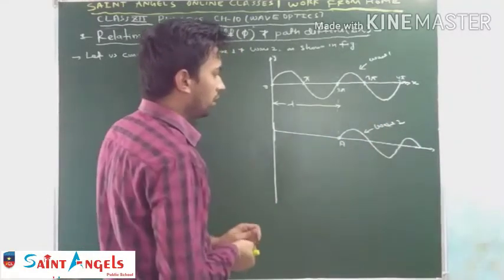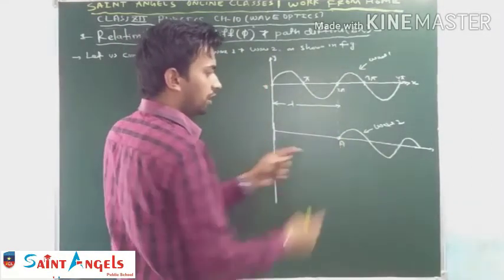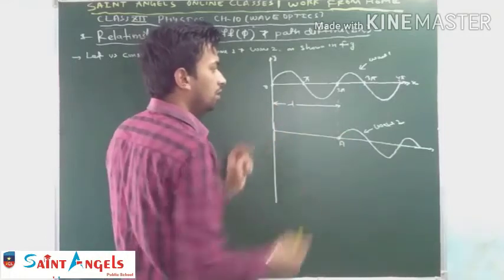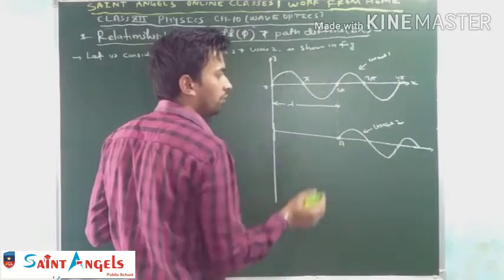Student, it is clear that the difference in path between the first wave and the second wave is lambda, while the difference in phase between the first wave and the second wave is 2 pi.